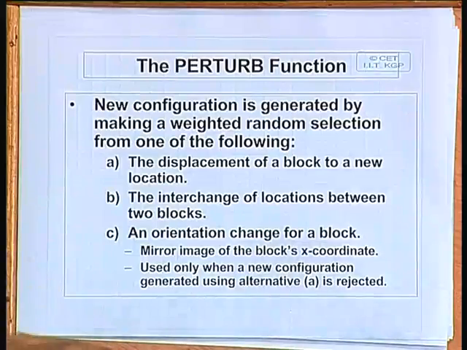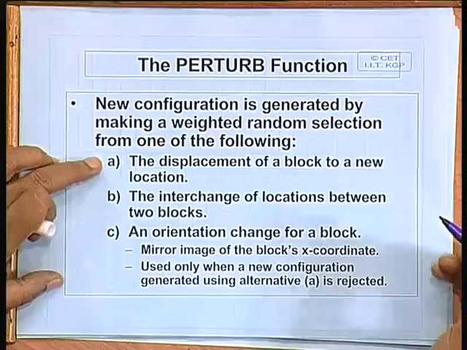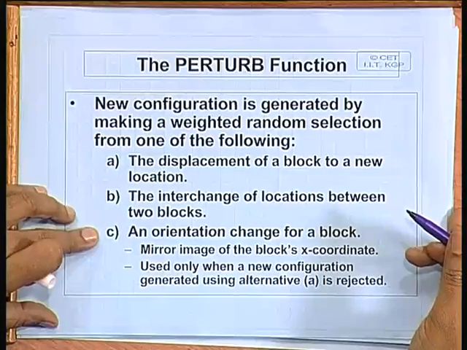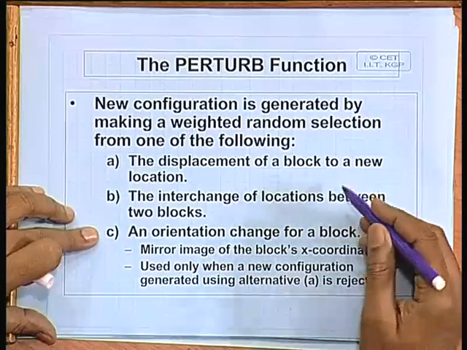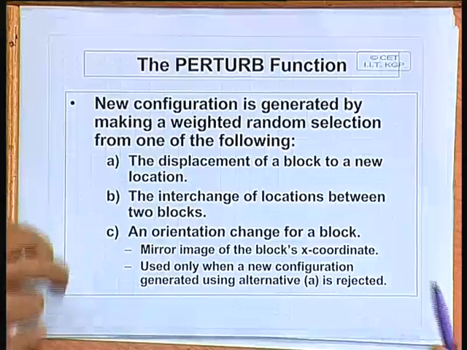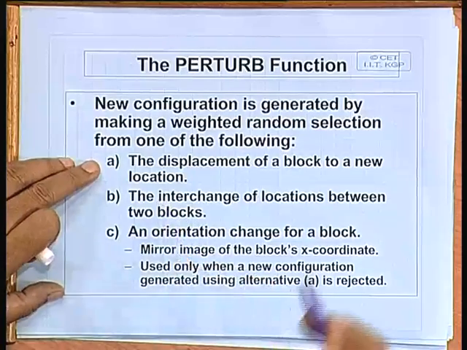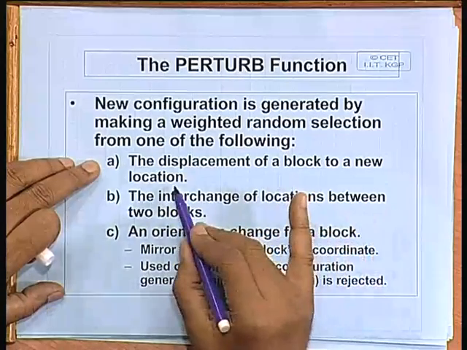And then the perturbed solution, the way the solutions are modified. There are 3 different moves which are defined. These moves are fairly simple to understand. The first is that you move a block to a new location, a simple move.